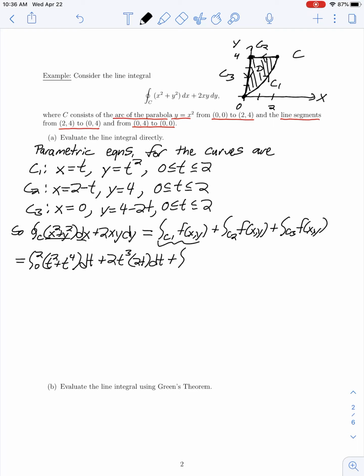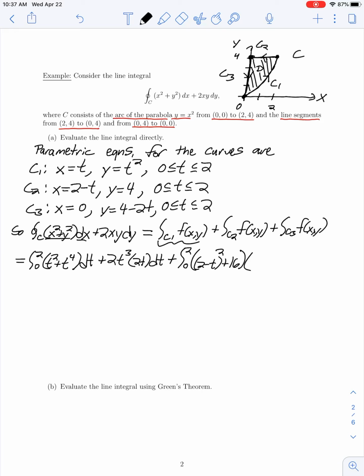Then we add for our curve C2, we're integrating from t equals 0 to 2. We had the sum of x squared plus y squared. Now x was given by 2 minus t, so we have (2 minus t) squared, plus y squared. Now on C2, y is equal to 4, so y squared is then 16, times dx.